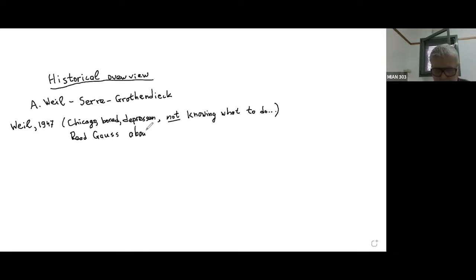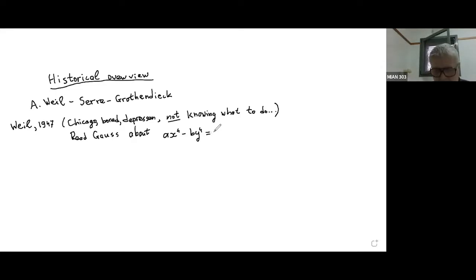It started with a certain class of equations, namely the Diophantine equations, the equations with two parameters like this.